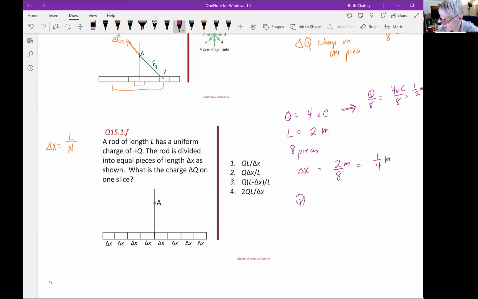If we have QL over delta x, we have 4 nanocoulombs times 2 meters divided by 1/4 of a meter, which is 8 on top and 1/4 on the bottom, so 4 times 8, that looks like 32 nanocoulombs, which is actually more than the total charge. So that can't be right.